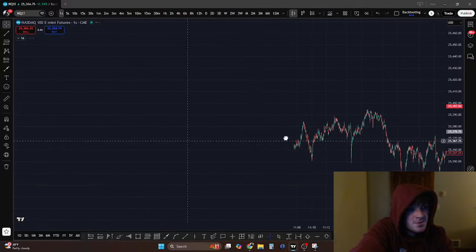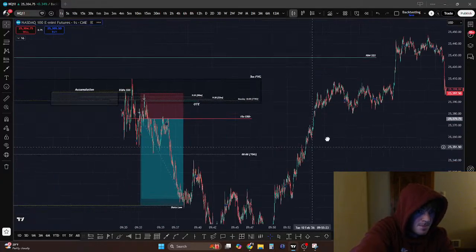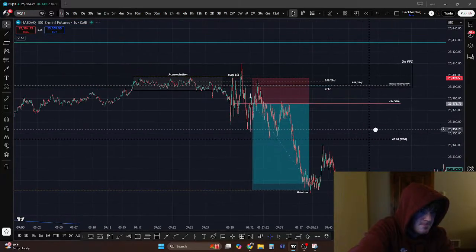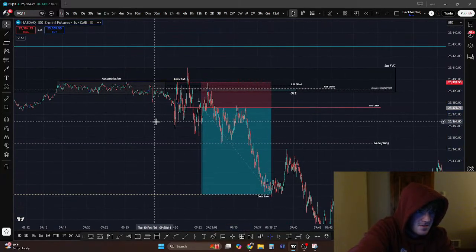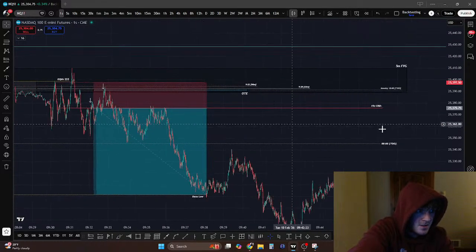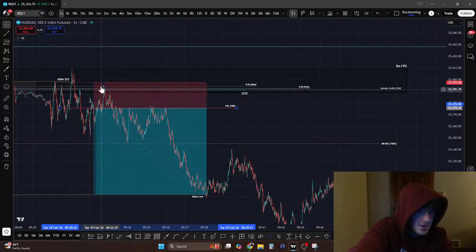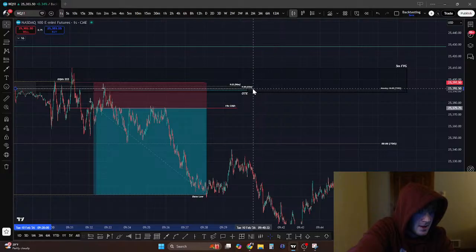I just want more space to chart it. That's the main thing. But now you see what I'm saying, right? Entry number 1 at the change in state, pyramiding right here at OTE, and then we run down to the data low.